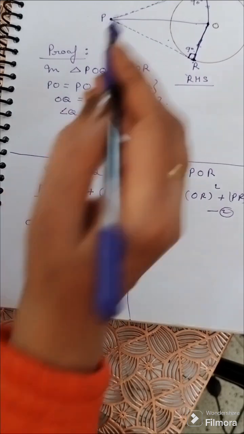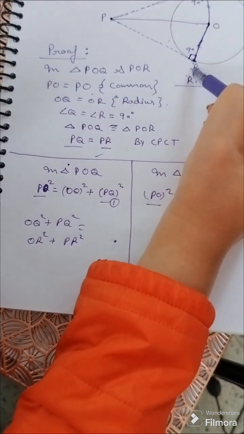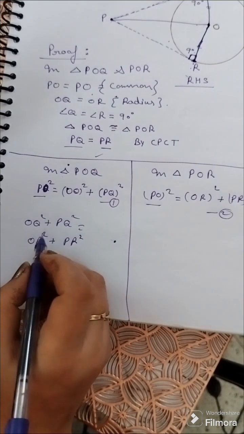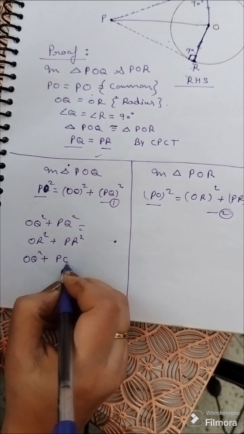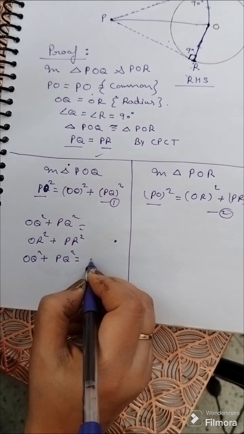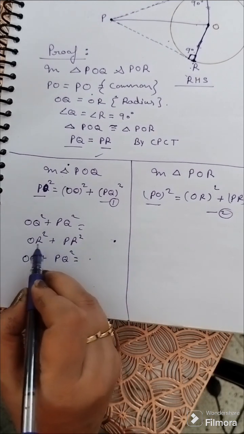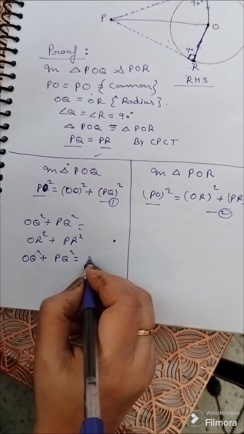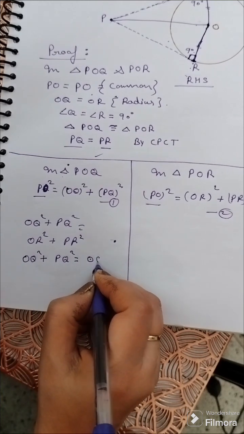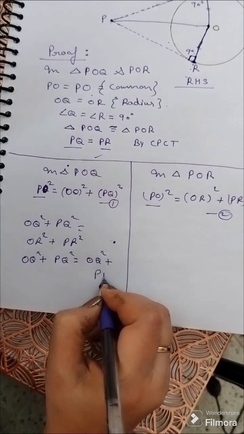Now we know OQ is equal to OR being radius. So OQ square plus PQ square is equal to, that means I can write OQ in place of OR, OQ square plus PR square.